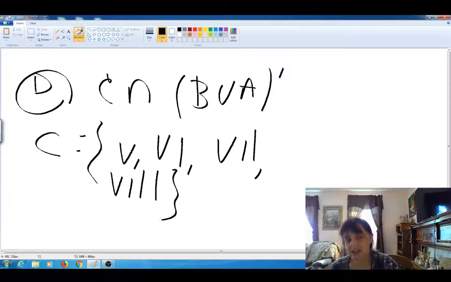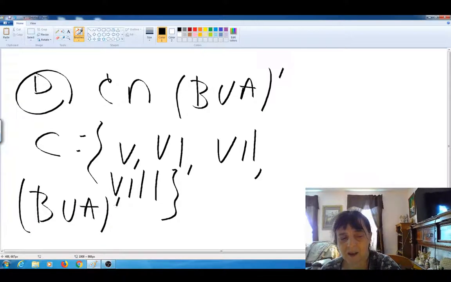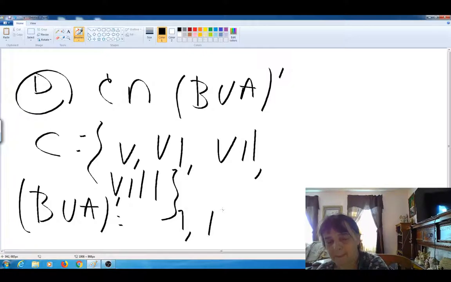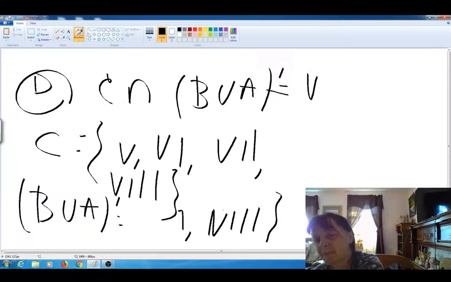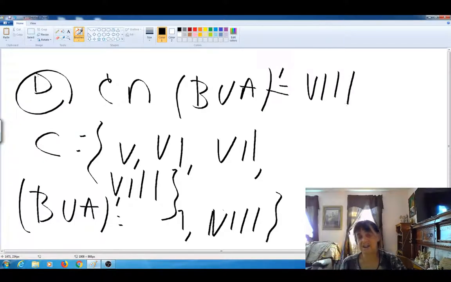And B union A prime is everything outside A and B. Okay, no part of A and B is B union A prime. So that would be 1 and 8. So now the intersection of those two is just 8. VIII, 3 I's.